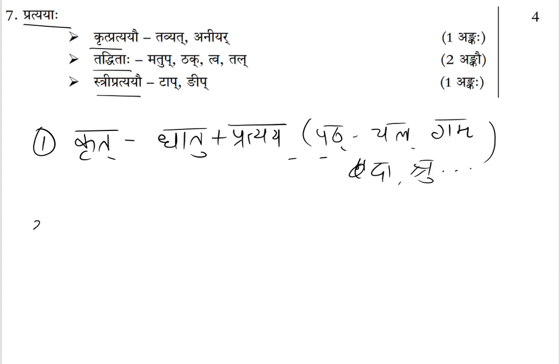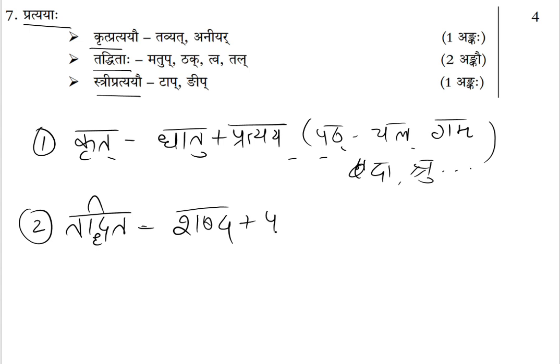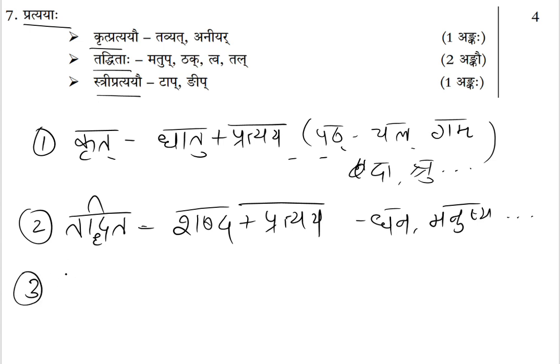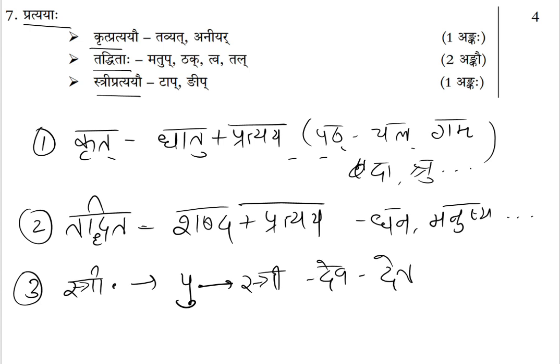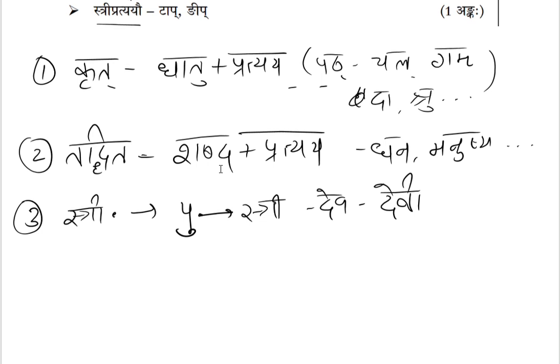Other, this Tadit Pratyaya we are using only with shabd, like dhan, manushya, and others. Stri Pratyaya we are using when a Pulling word is there, that Pulling word we are changing into Striling. Example, Dev will change into Devi while using these Pratyaya, which we will see further.